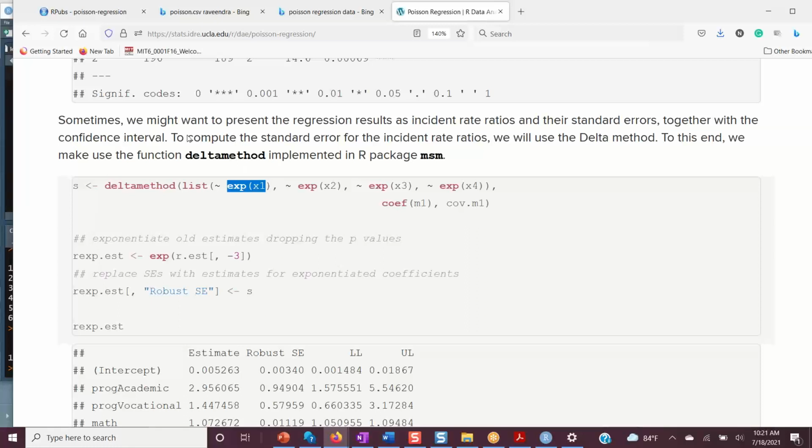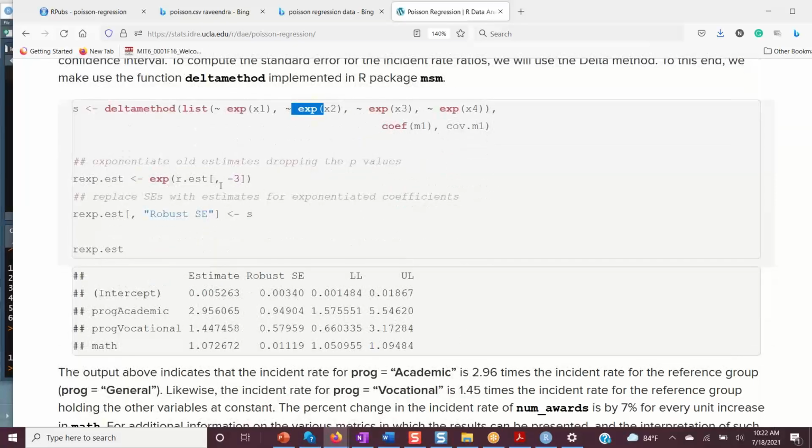Here we have to use incident rate ratios and their standard errors. Incident here is the number of awards. You have to do the ratio calculation, and in order to do that, you have to do the exponentiation. You create the exponential of the x1 value, x2 value, x3 value, x4 values.